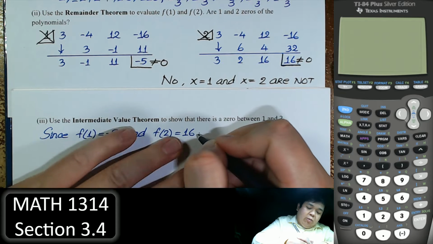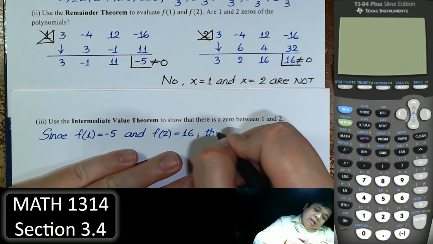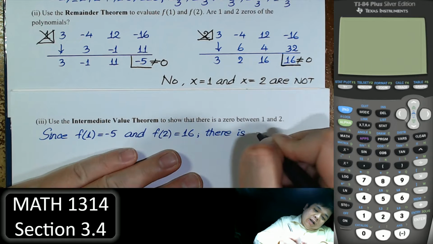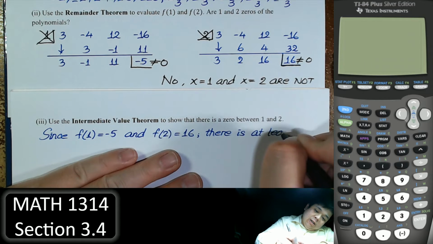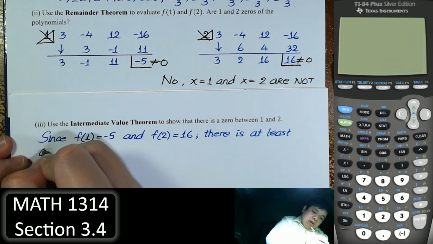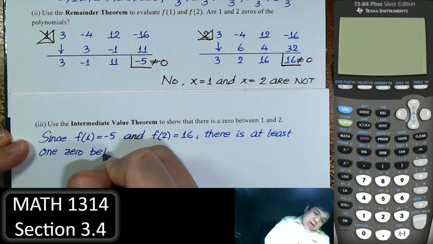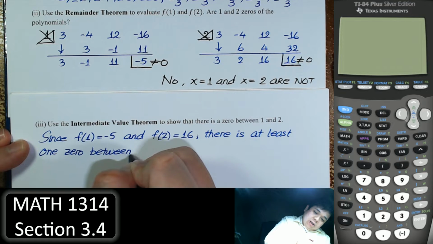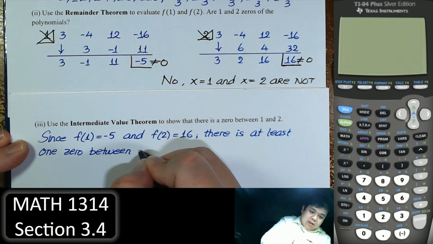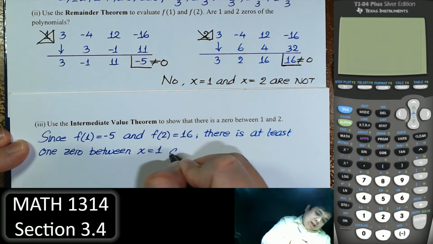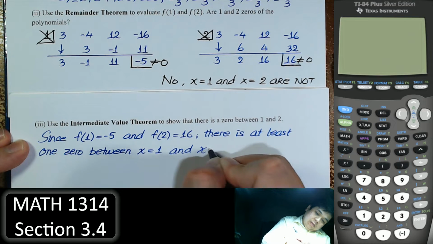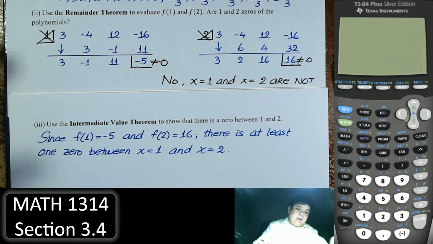One positive, one negative. There is at least 1 zero between 1 and 2. Right.